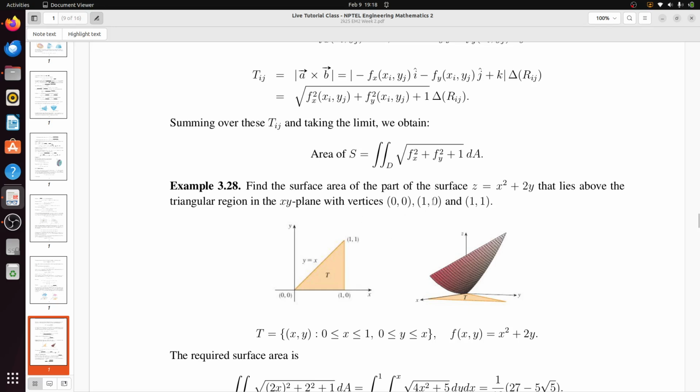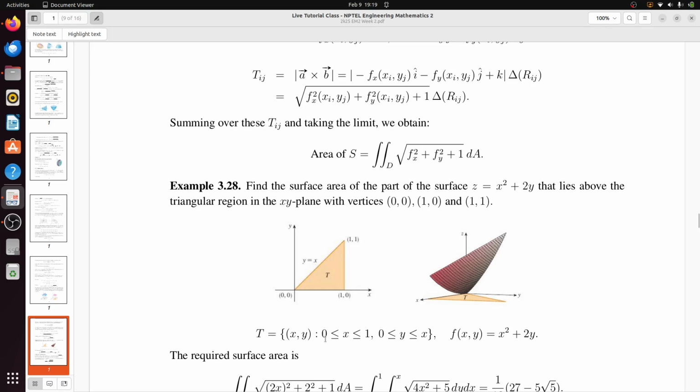Now this triangular part you can parameterize in two ways, but I will go with just one. You can also consider the opposite one and parameterize.